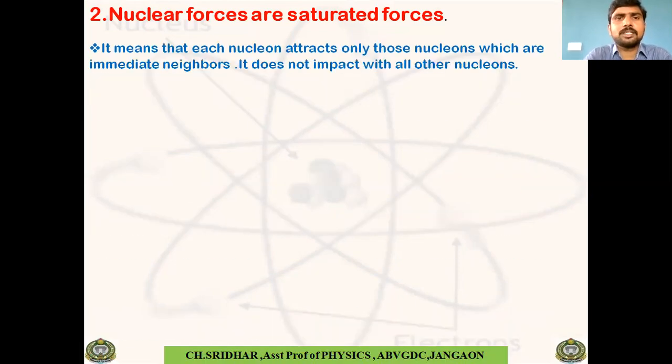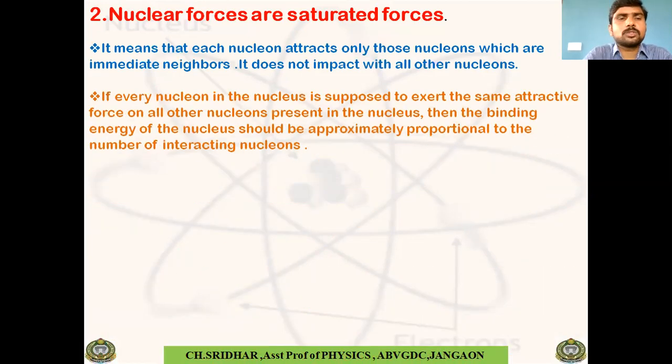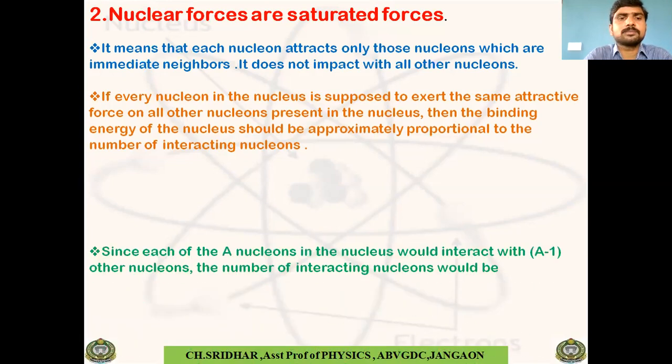It means that each nucleon attracts only those nucleons which are immediate neighbors. It does not interact with all other nucleons. If every nucleon in the nucleus were supposed to exert the same attractive force on all other nucleons, then the binding energy of the nucleus should be approximately proportional to the number of interacting nucleons.